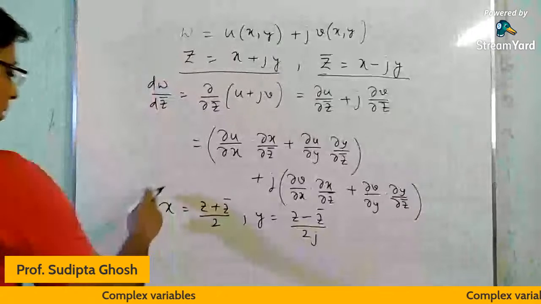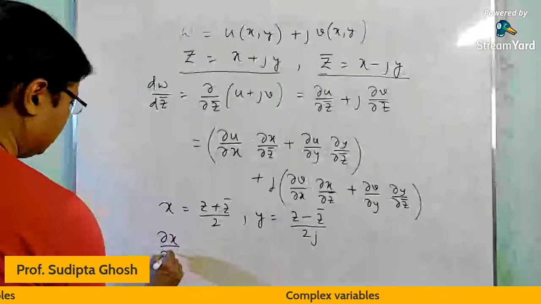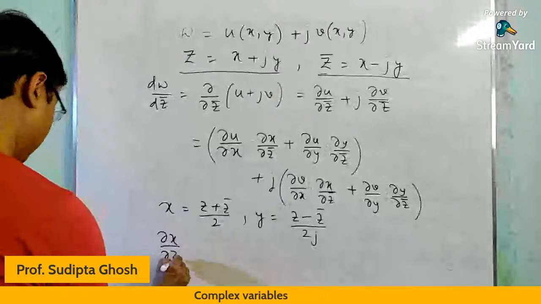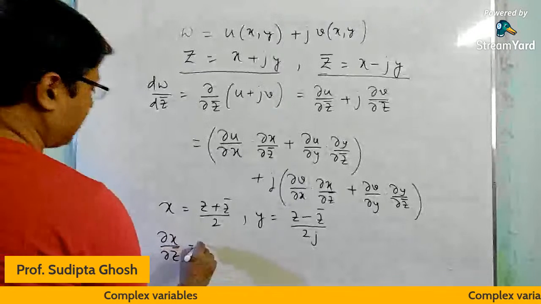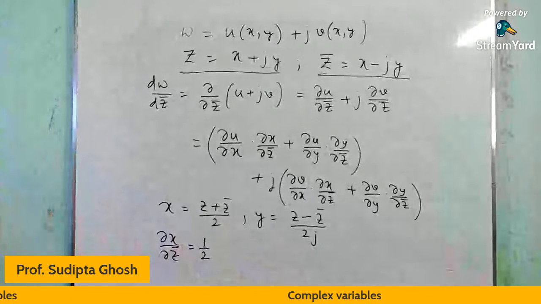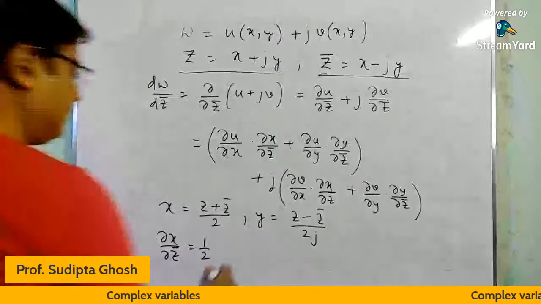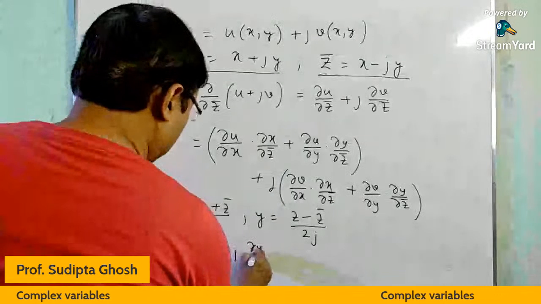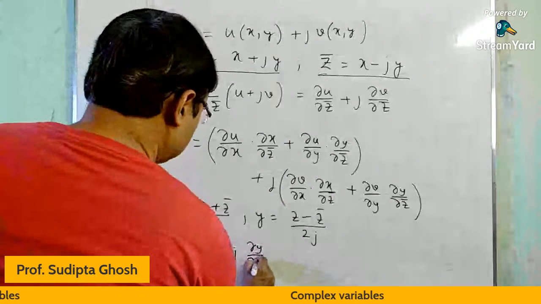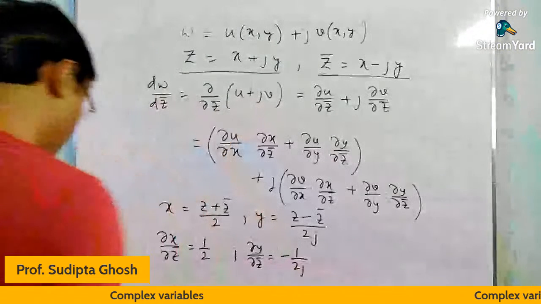Now from the expression of x, ∂x/∂z bar should be half, because x is half of (z plus z prime). And ∂y/∂z prime becomes minus 1 by 2j.